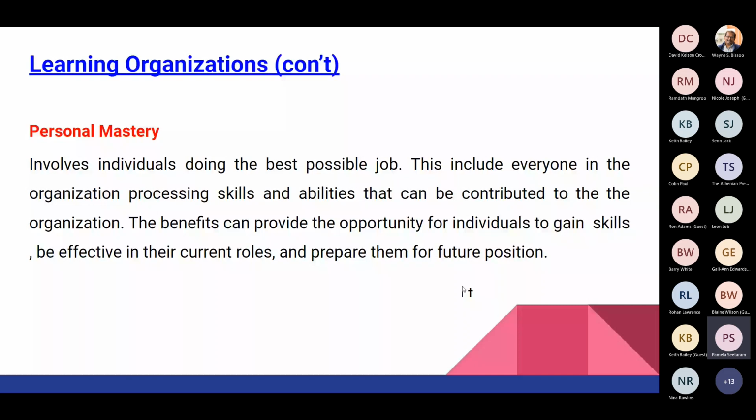When members are skilled and empowered to use these skills, everybody benefits. The whole organization benefits from that.